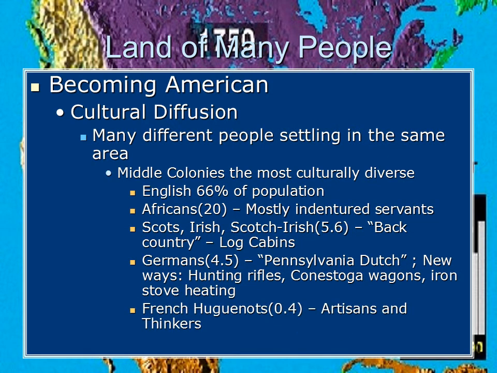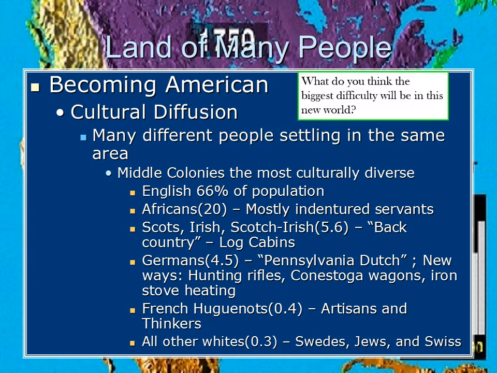The French Huguenots are bringing Enlightenment ideas and great works of art and specialty goods. And then the other groups, the Swedes, the Jews, and the Swiss, mainly making up our lovely state of Delaware. They're finding their settlement there.